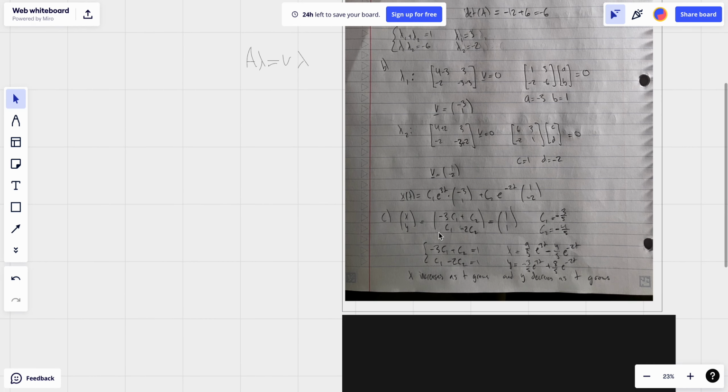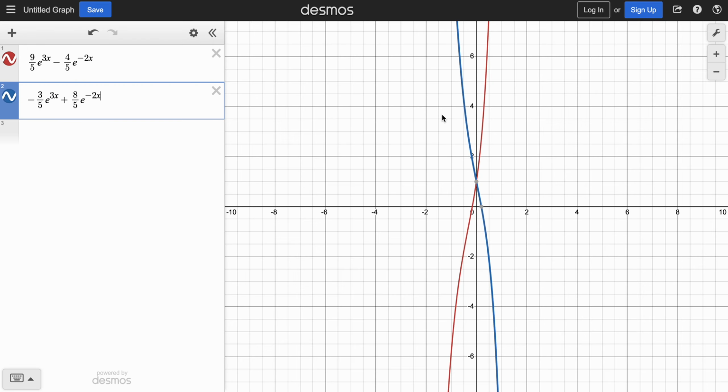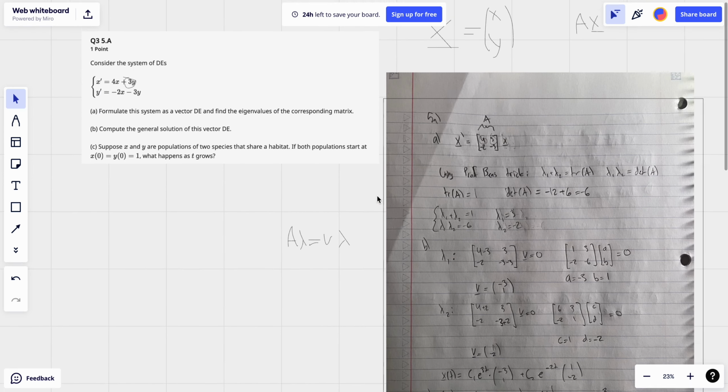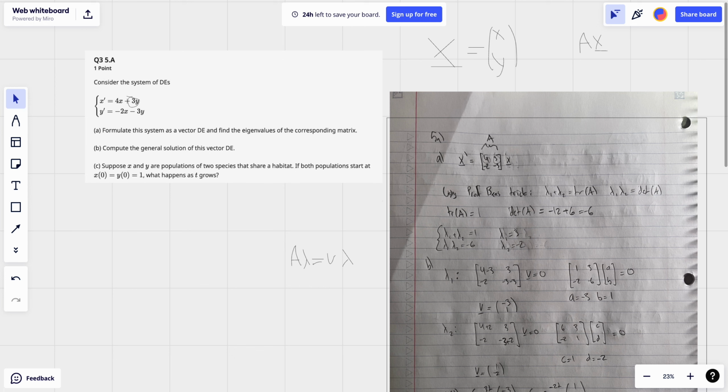And we can see here that solving for these equations with the initial parameters, as shown before, gets us these two equations, which, if it's not obvious just by looking at them, we've also graphed them to show that the red line represents x, as t grows, x increases, and the blue line represents y, so as t grows, y decreases. And that's how we get to our conclusion, which is answering part C. Thank you.